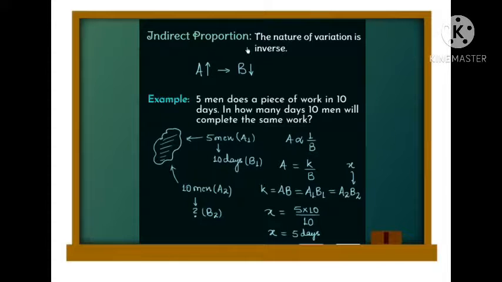So the number of days taken by 10 men is equal to 5 multiplied by 10 divided by 10. From here, we have the answer equal to 5 days. So 10 men will take 5 days to complete the same amount of work which was completed by 5 men in 10 days.